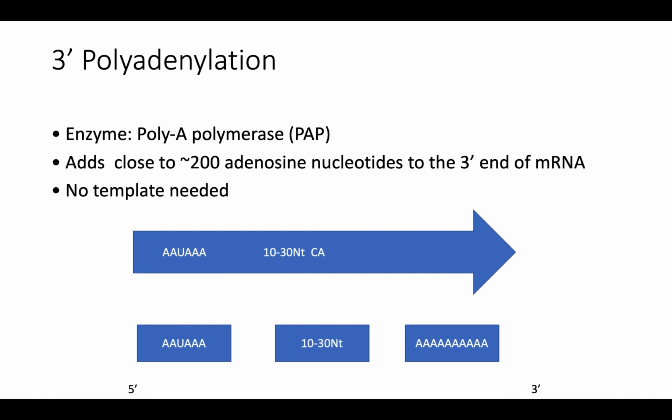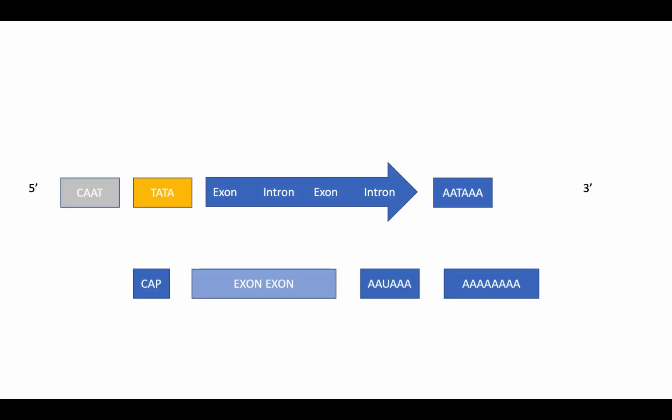So if we review the whole point: this is the pre-mRNA from the coding strand. You have the promoter regions, the CAAT box and TATA box, then the exons and the introns, and then the poly-A signal. Then the spliceosome comes, and you put the cap on.